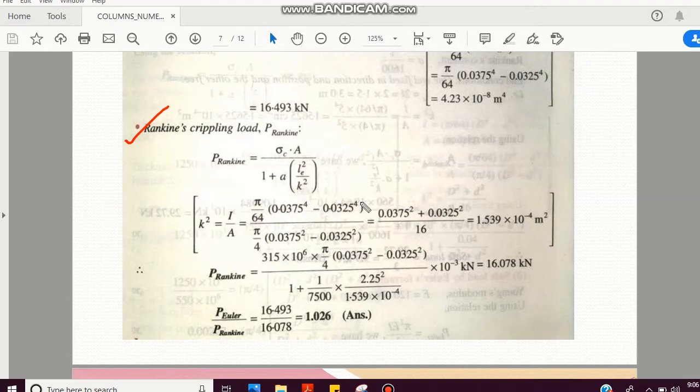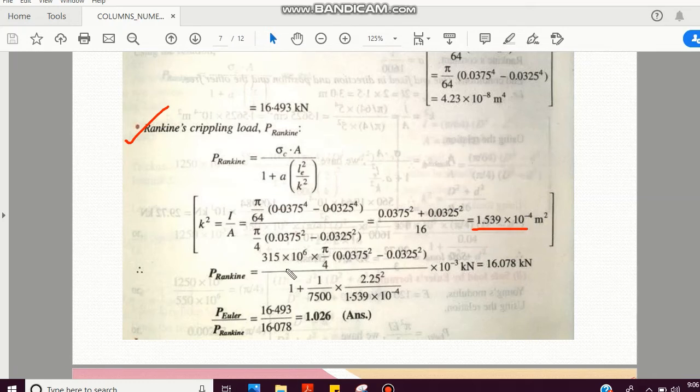Moment of inertia is same as the previous, pi by 64, capital D to the power 4 minus small d to the power 4. Area is pi by 4, capital D square minus small d square. So K square becomes 1.539 into 10 to the power minus 4 meter square.